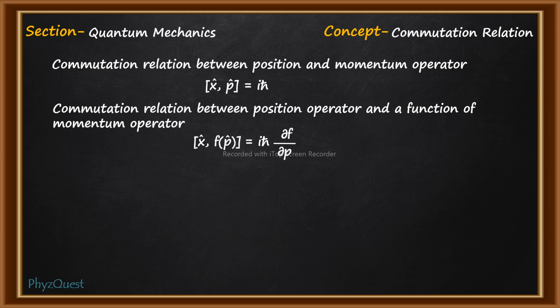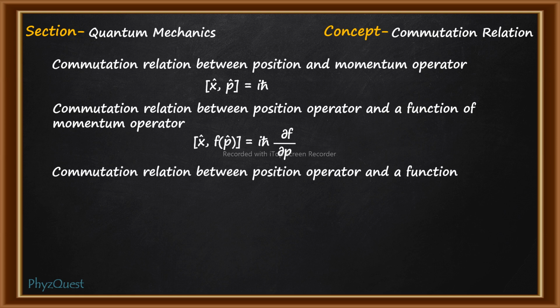Similarly, the commutation relation between the momentum operator and a function of the position operator, [p cap, f(x cap)], will be equal to minus iħ del f by del x. So these are the two relationships which will be useful in solving this problem.